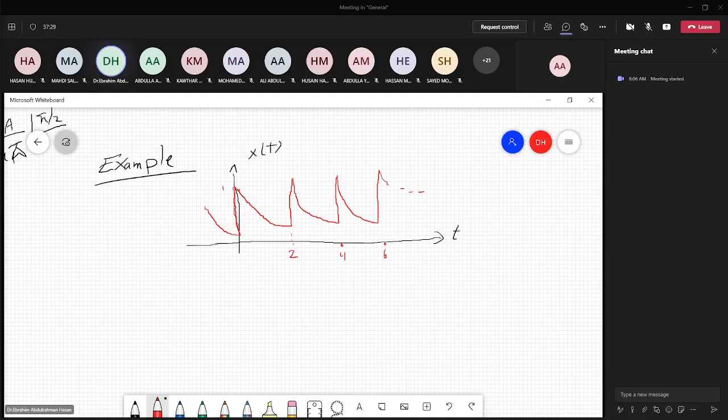This is 1, and the function is equal to e to the power of minus 2t.